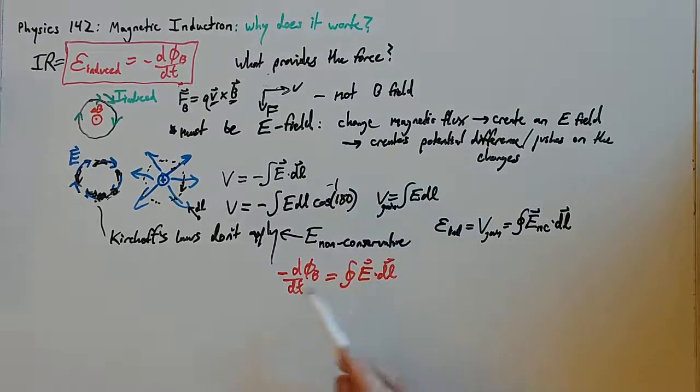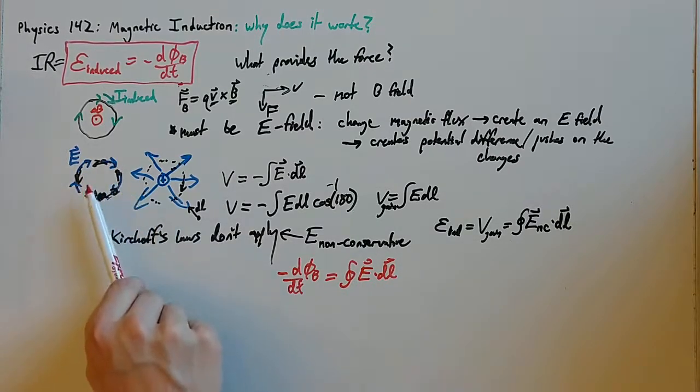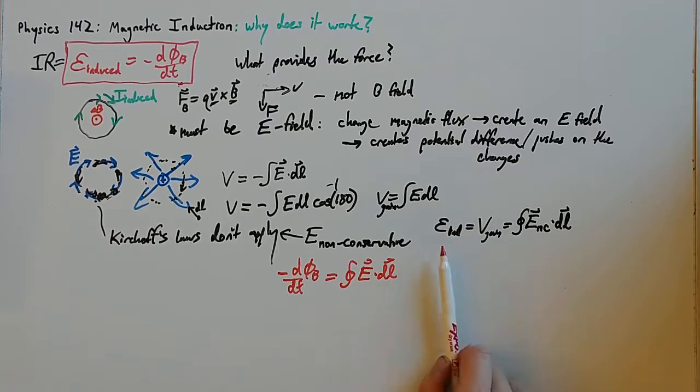And so now we have a direct relationship between electric fields and changing magnetic flux. If we change the magnetic flux, you change your magnetic fields, that's going to create an electric field, this non-conservative electric field, which ultimately is responsible for getting a potential difference and thus a current.